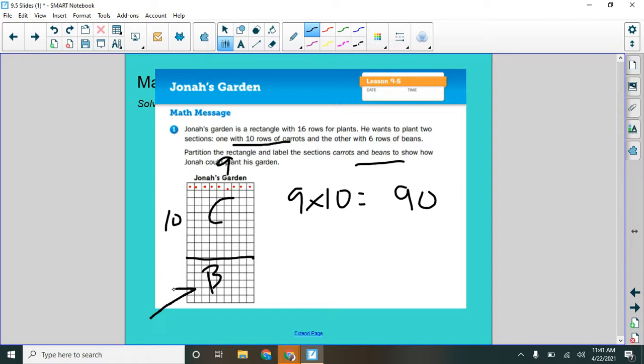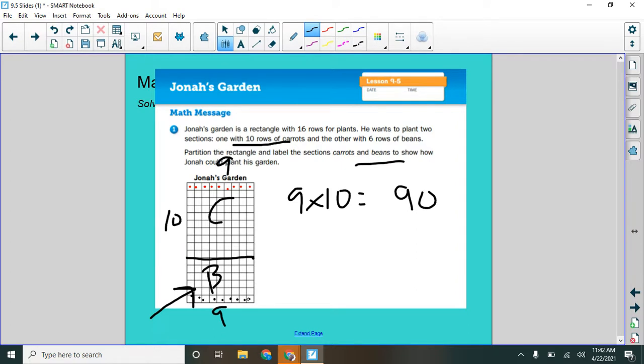What math problem would we do to find out how many squares are in the beans part? It's 9 across. 1, 2, 3, 4, 5, 6, 7, 8, 9.